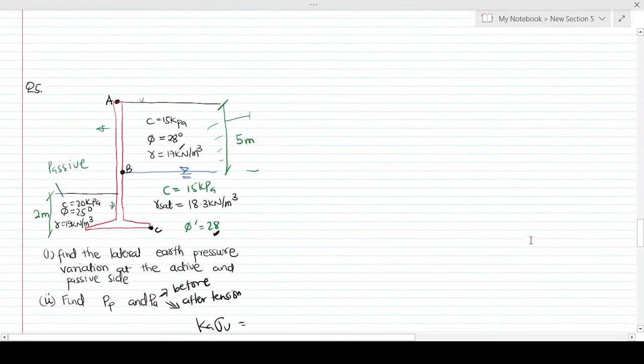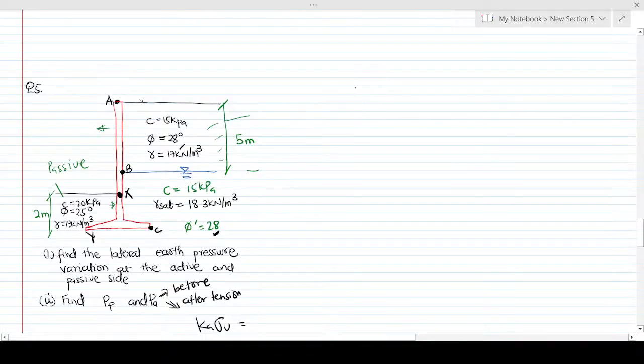We are done with the active side. Let's come to the passive side. So the passive side is just this side, right? Okay, that one, so I will label some important parts, X and Y. So as simple as this.